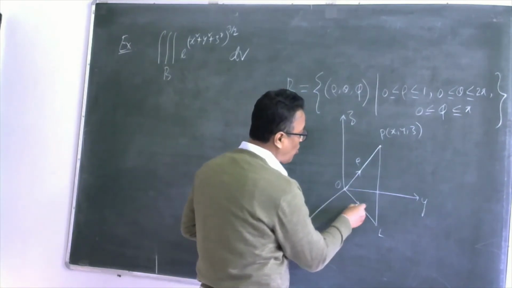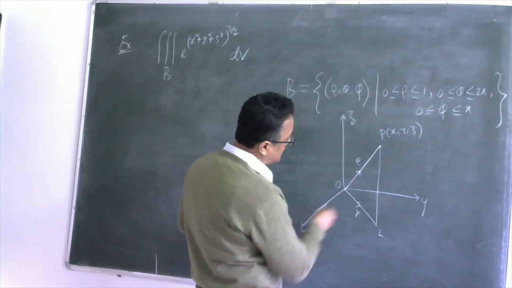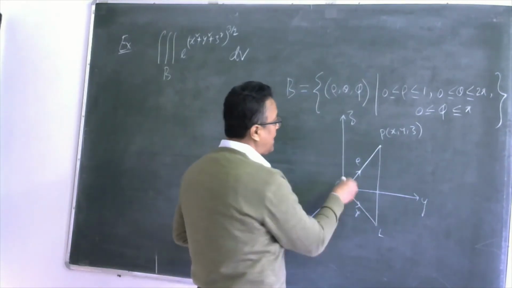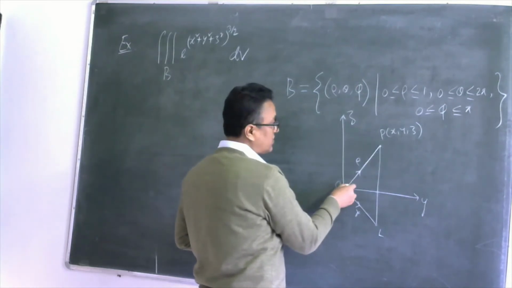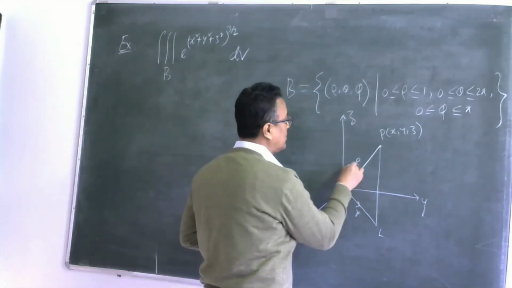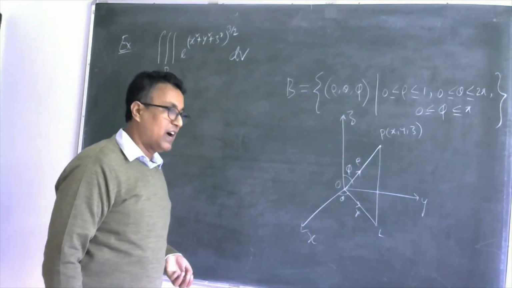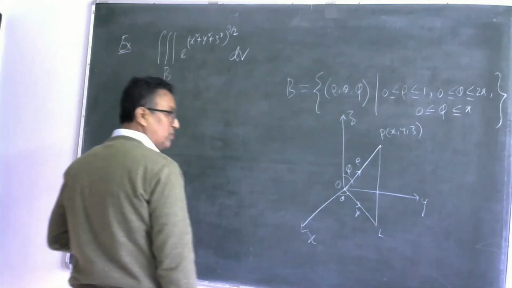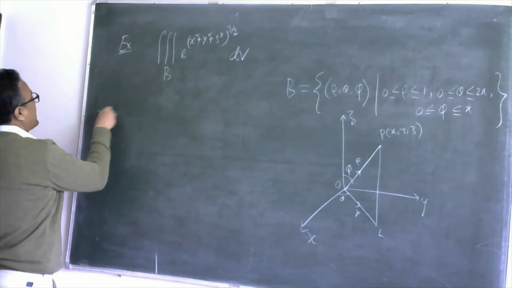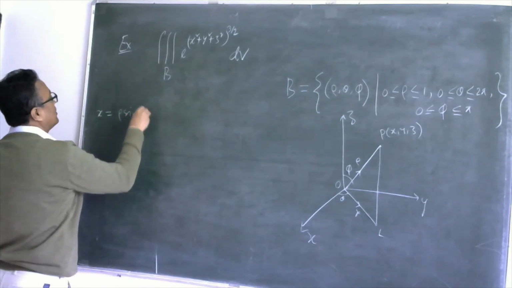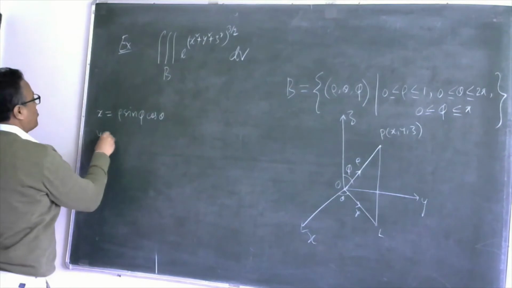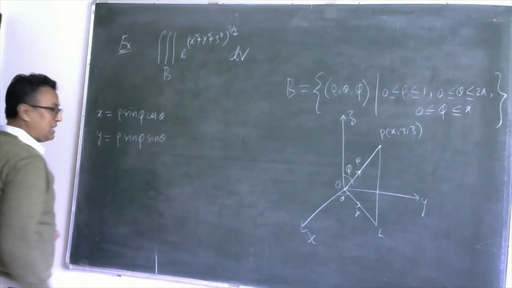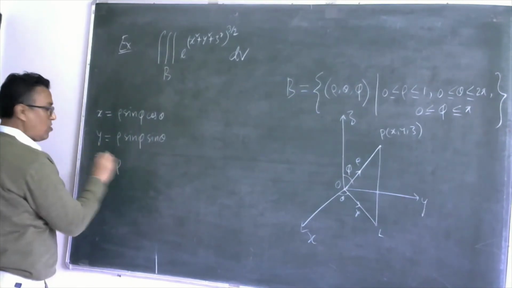Suppose the distance OL is R, and OL makes an angle theta with the x-axis, and the radius vector OP makes an angle phi with the z-axis. Then the transformation is x equal to rho sine phi cos theta, y equal to rho sine phi sine theta, and z equal to rho cos phi.